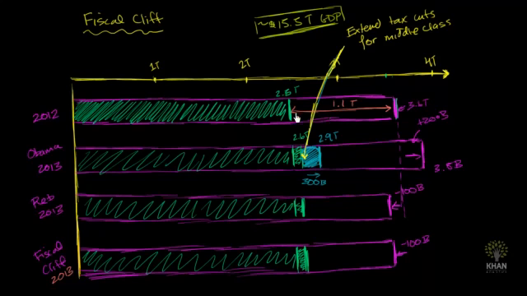This is how much the government has to borrow in 2012. Under Obama's budget, what would it be for 2013? Well, we're spending 3.8 trillion. We are getting 2.9 trillion. So you have a gap of 900 billion.